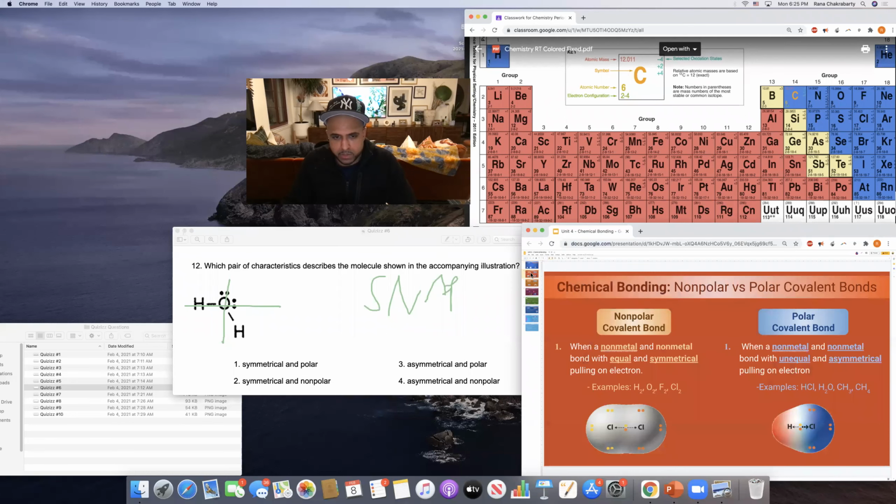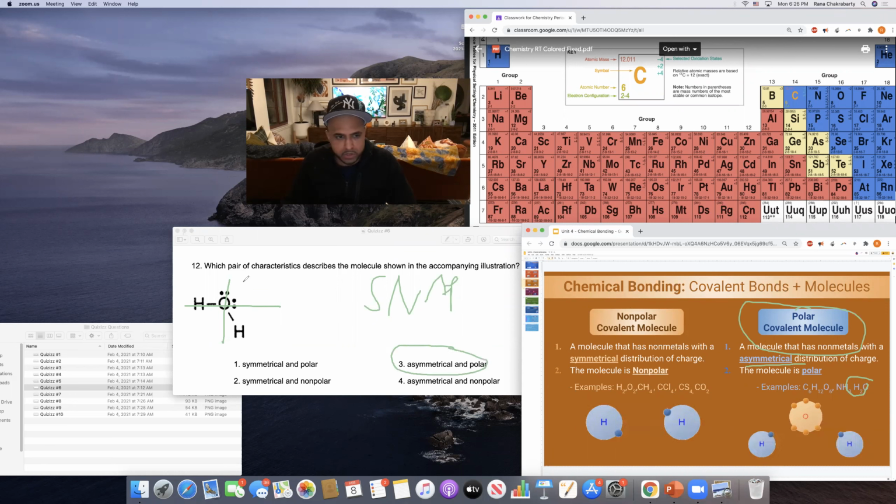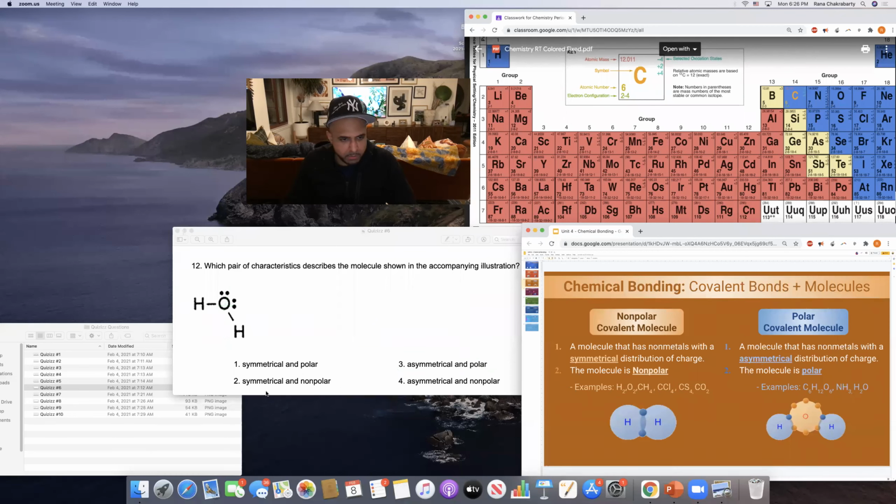And going back to my notes here, I even see that water is listed as an example of a polar molecule. So even if I just use my notes, I can determine that it's polar. And if I know it's polar, it's always asymmetrical. So that one's number 3. But if you don't want to refer to your notes, just always look at the symmetry of the molecule. That'll help you determine whether it's polar or non-polar.